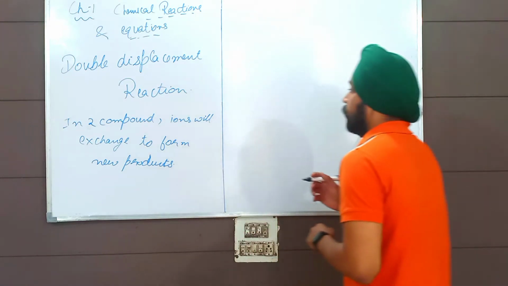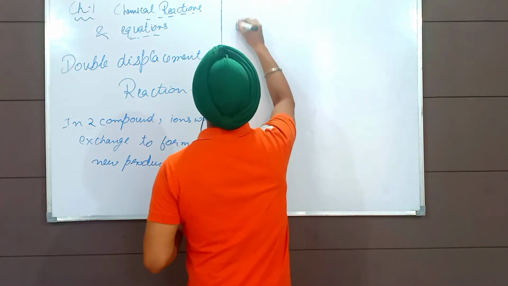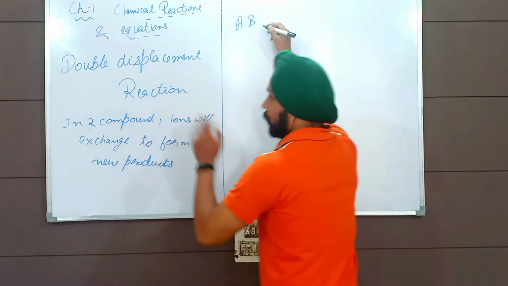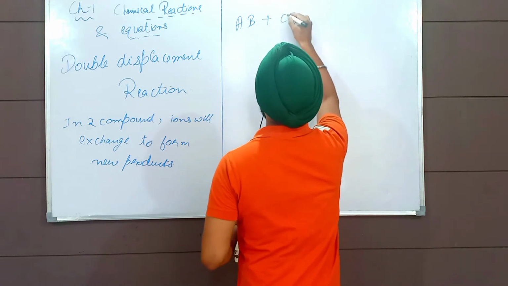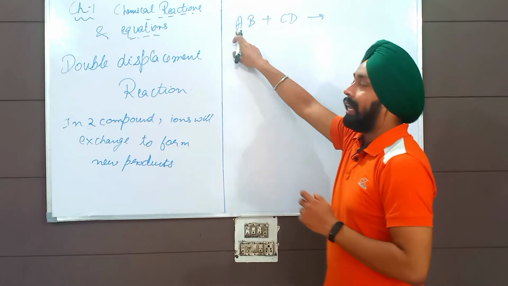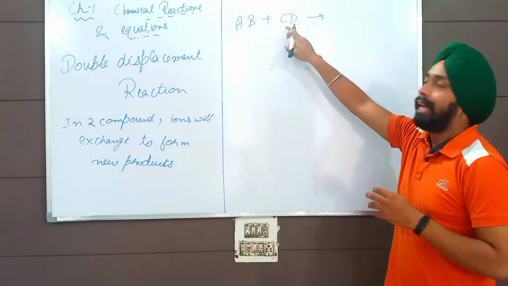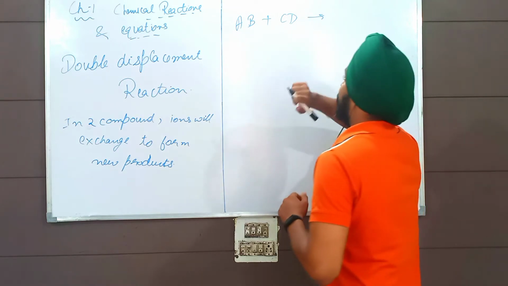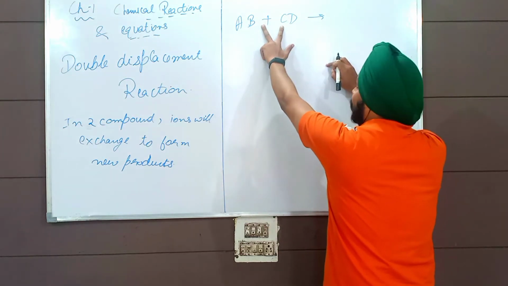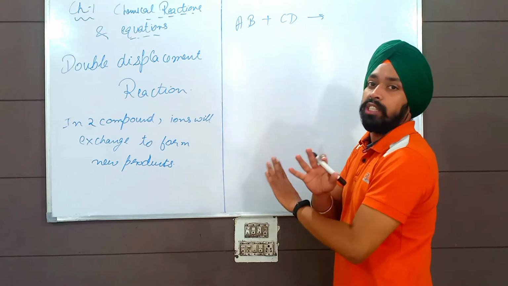For example, if I have AB plus CD. There is a compound with elements A and B, and another compound with elements C and D, such that when they react, they will switch.